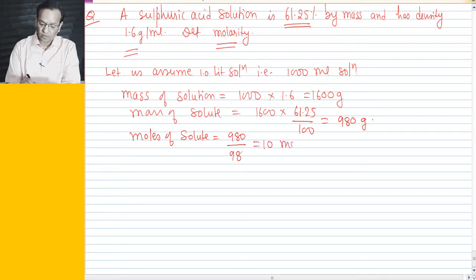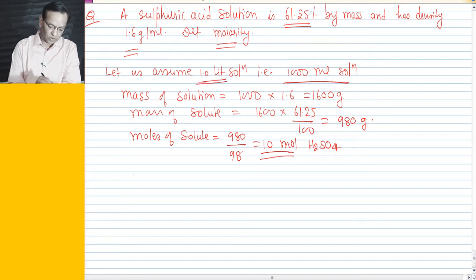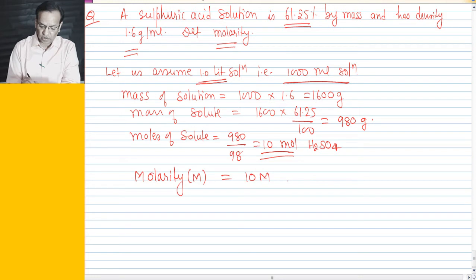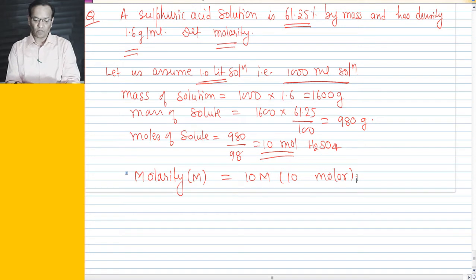So 10 mole. 10 mole of sulfuric acid is present in 1000 ml, 1 liter. So molarity is now 10, and we read it 10 molar solution. So when density and percentage mass are given, it is always better to consider 1 liter solution, so that the number of moles of solute calculated in 1 liter will be the molarity of the solution.